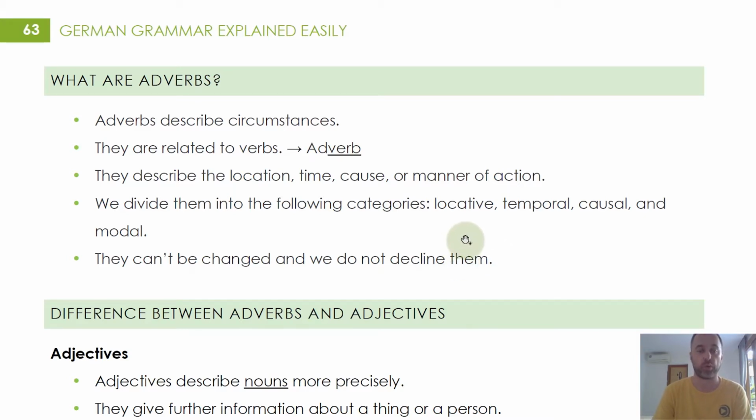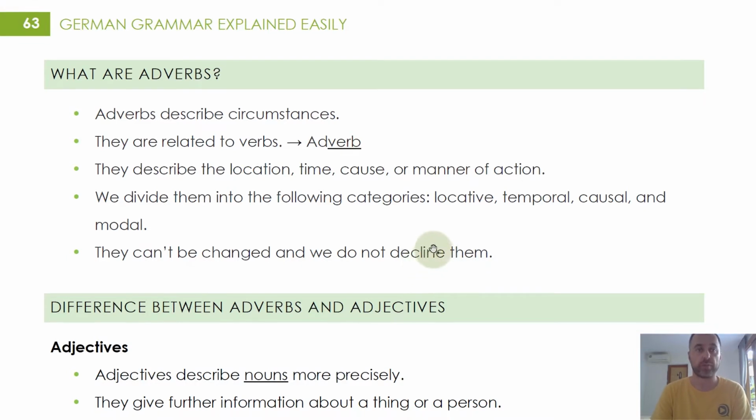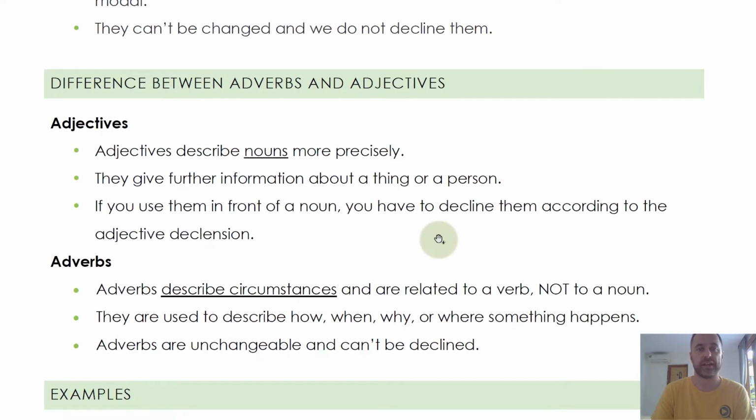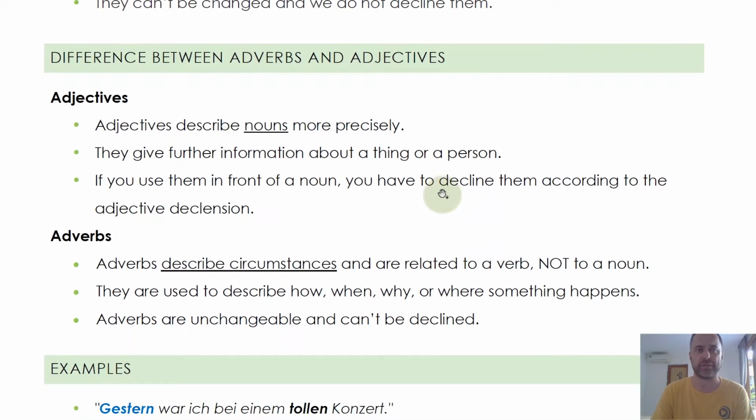So no declension. For you, probably the most pressing question, besides the ending, is what's the difference between adverbs and adjectives? Because that's a very important difference in German, because remember, adjectives you have to decline, adverbs you do not decline.